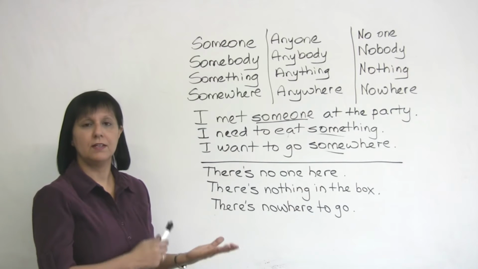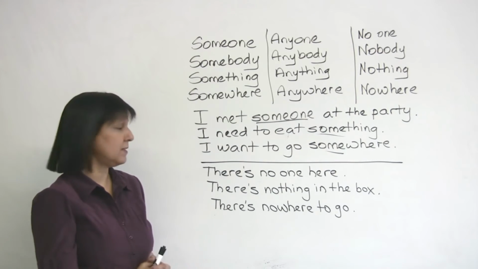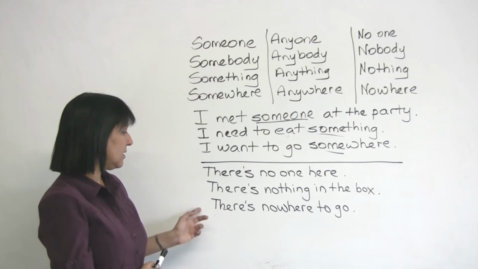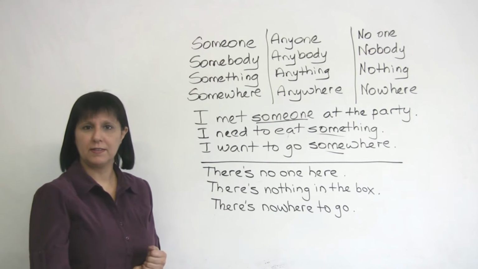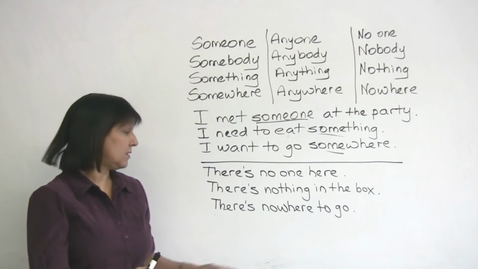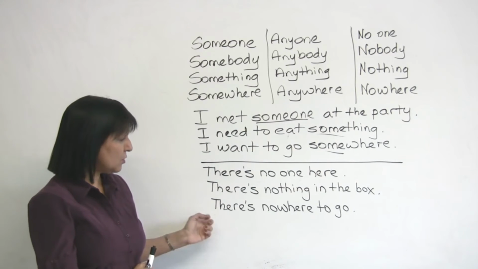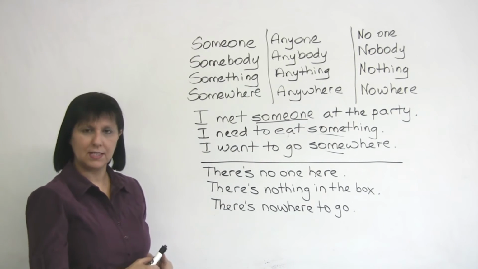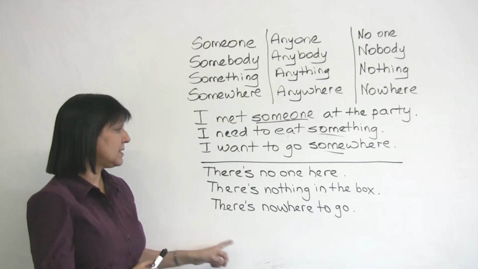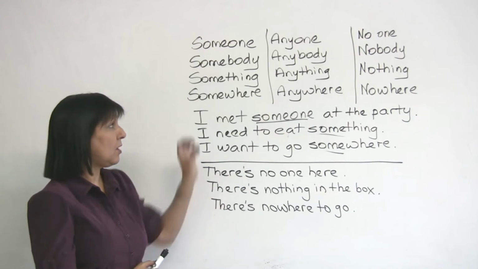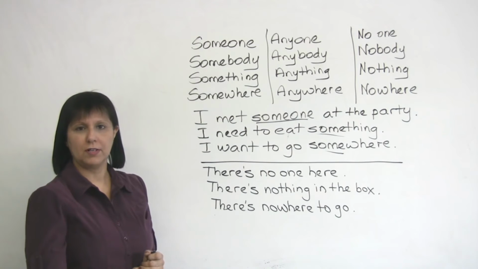Nothing literally means no thing, right? Nothing in the box. There's nowhere to go in this town, all right? There's no place or nowhere to go. So this also we use in a positive sentence, but in a positive sentence when there is not a single item of that kind to talk about.